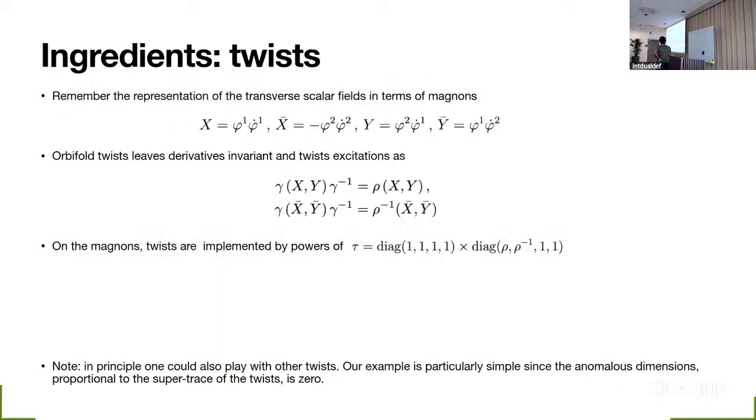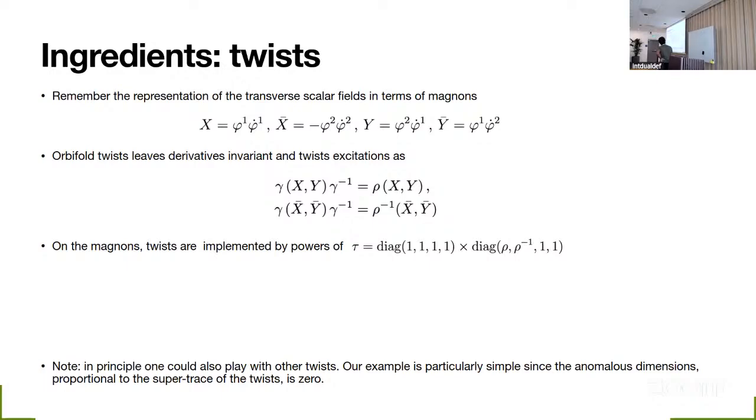And now I just need to tell you how to twist these magnons. So I remind you the action of the orbifold is something like this here. And you see that this can be implemented in the magnons if you twist.